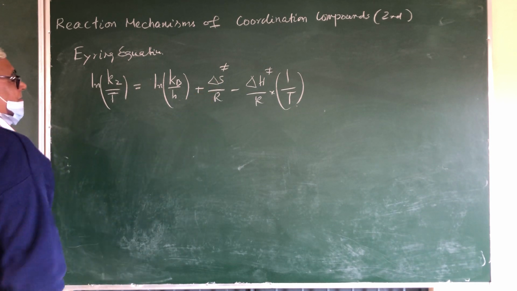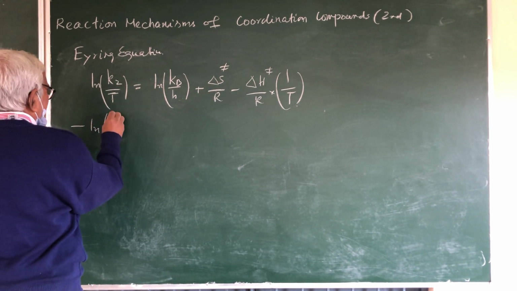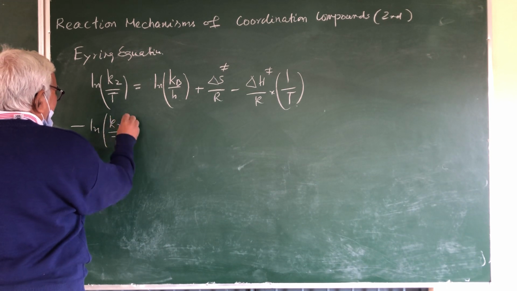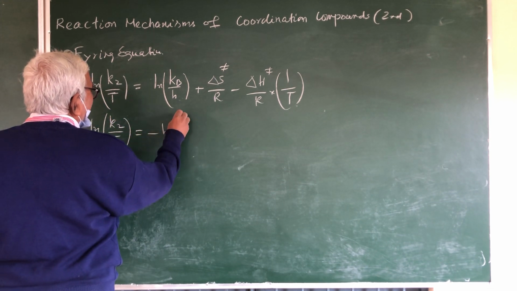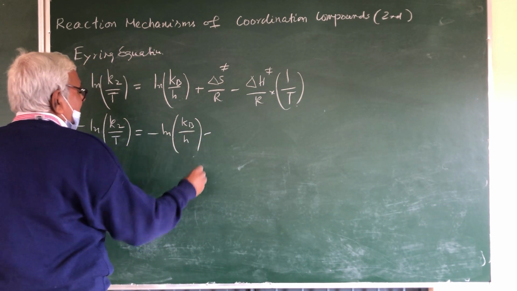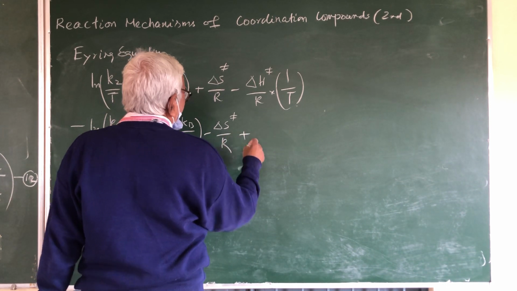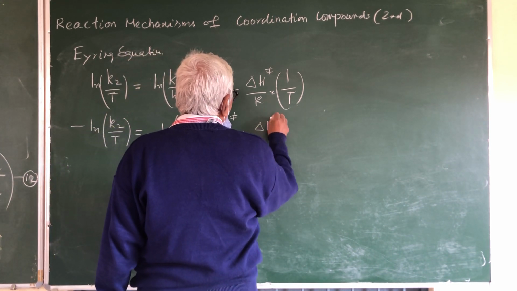If you multiply this with minus 1, then minus ln K2, the second order rate constant by T, will be minus ln Kb by h minus delta S double dagger by R plus delta H double dagger by RT.